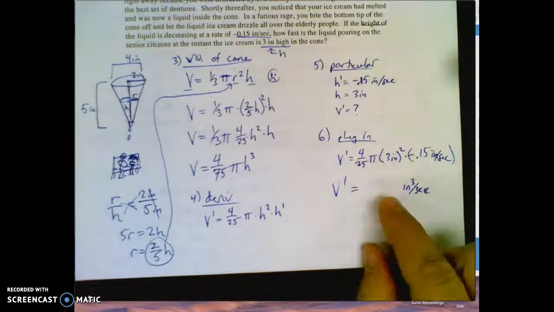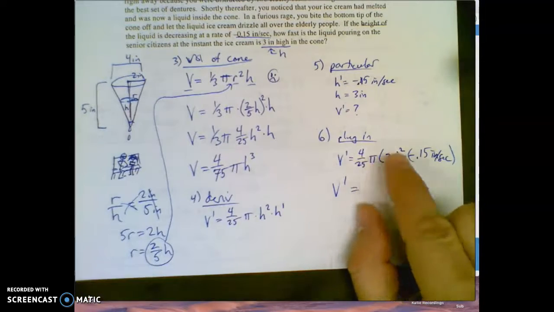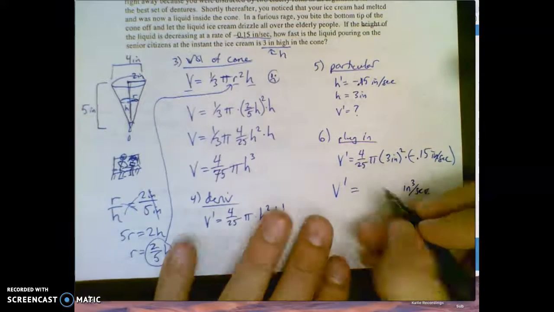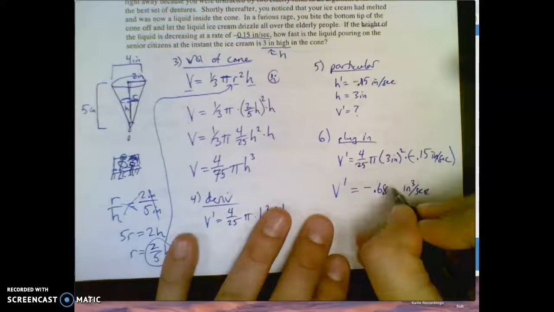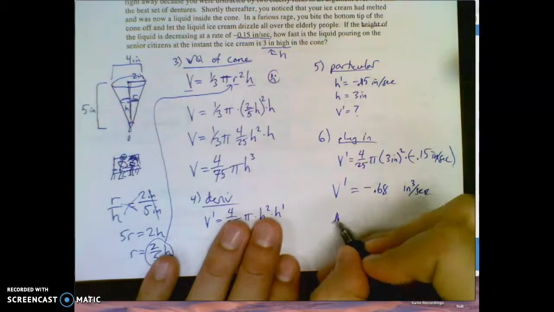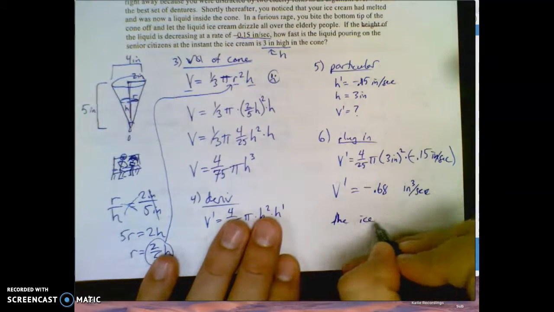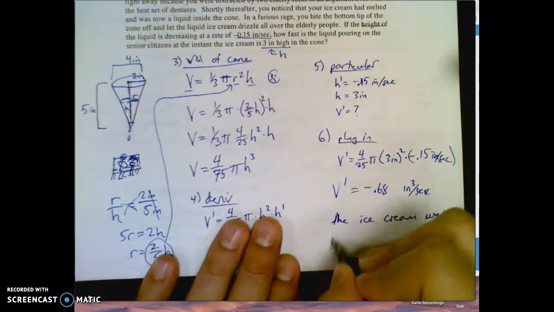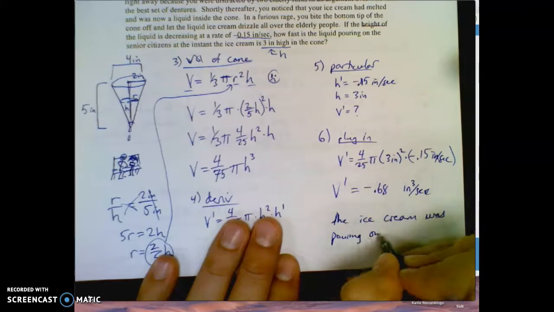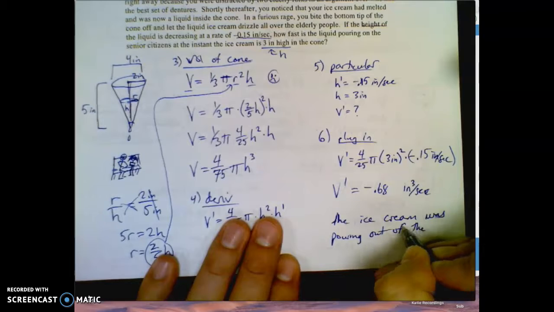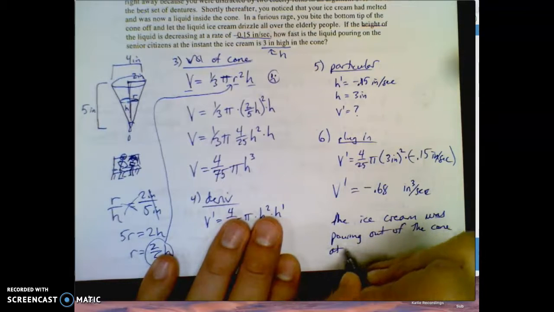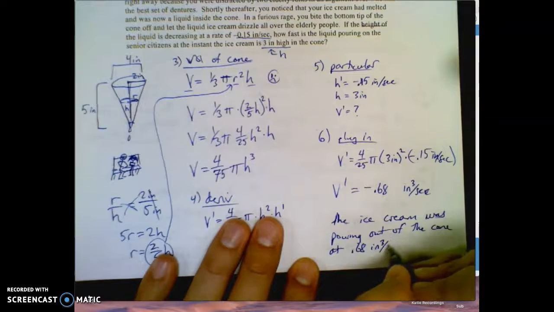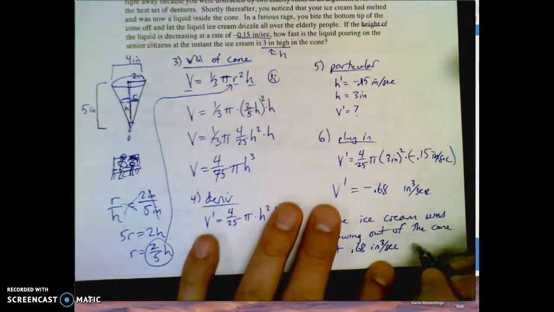And if I do 4 over 25 times pi times 3 squared, which is 9, times negative 0.15, you get negative 0.68. So you'd say the ice cream was pouring out of the cone at 0.68 inches cubed per second on the old folks.